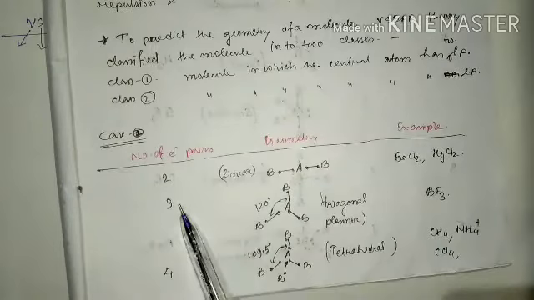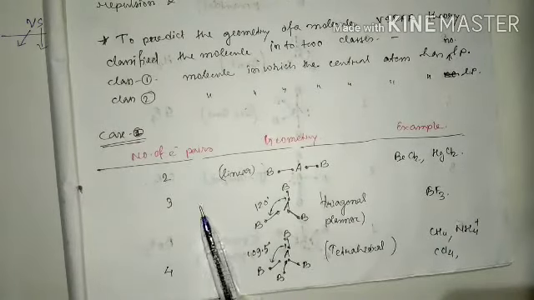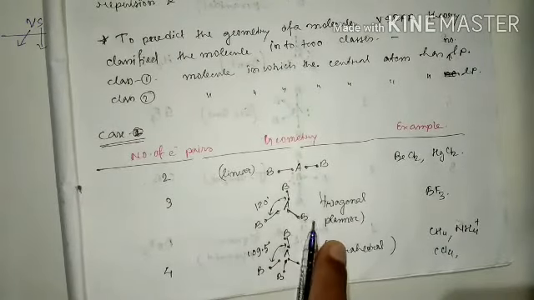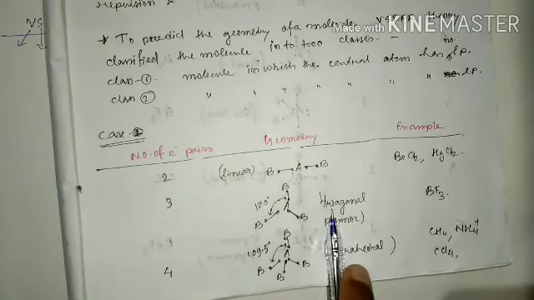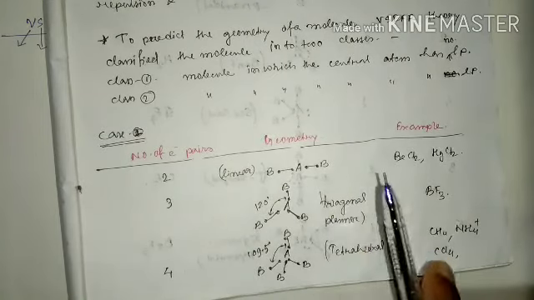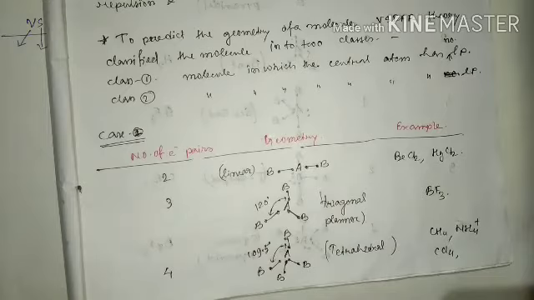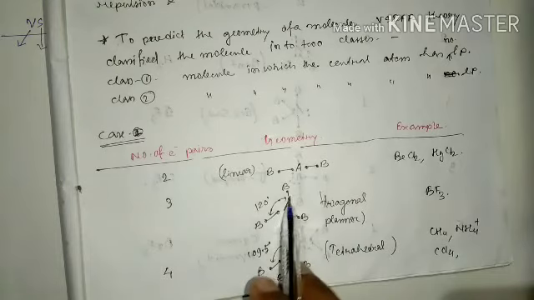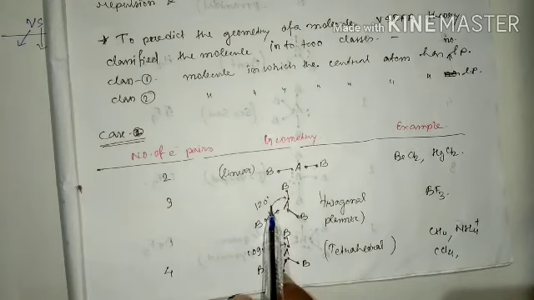Okay, if the bond pair is 3, then the molecule is triangular planar. See, tri means 3, angular means in 3 angles, and planar means in a plane. The bond angle between any two B-A bonds is 120 degrees.